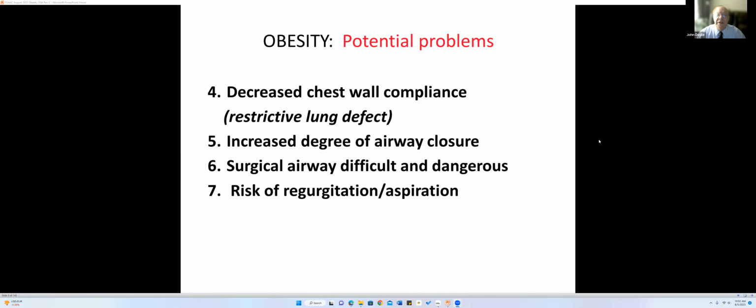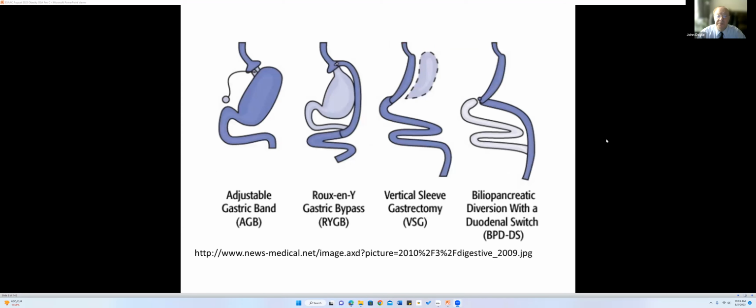Another problem is decreased chest wall compliance, resulting in what's effectively a restrictive lung defect, and an increased degree of airway closure when the patient is supine. Surgical airways can be difficult and dangerous, as you saw with our 445 kilogram patient who required a tracheostomy. And there's always concern about risks of regurgitation and aspiration, that we'll have a chance to talk about in more detail.